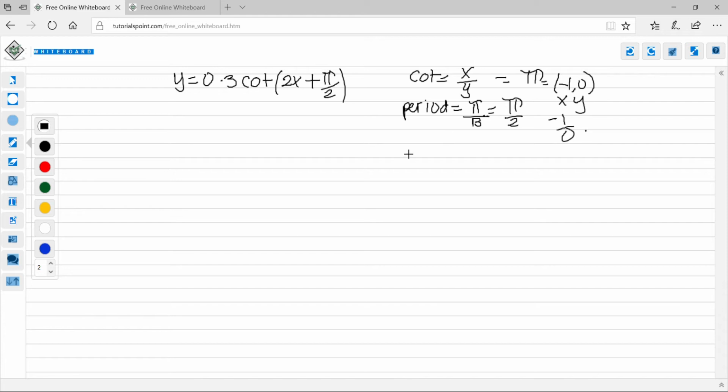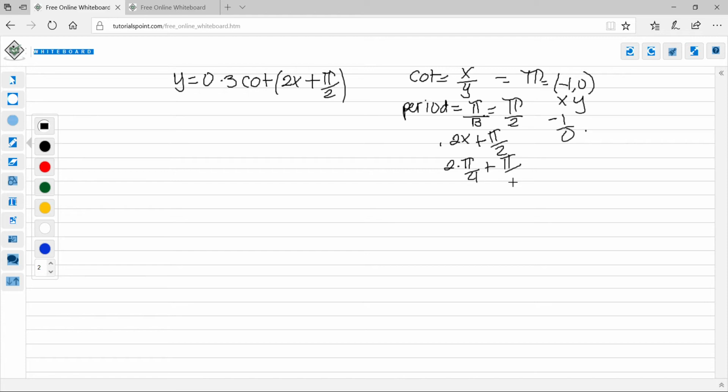So what I'm going to do is multiply where you see the 2x plus pi halves. We're given 2x plus pi half. I'm going to multiply the x by pi fourths plus pi halves.